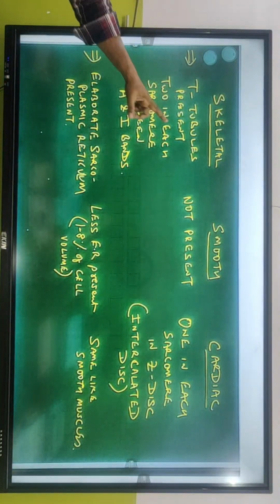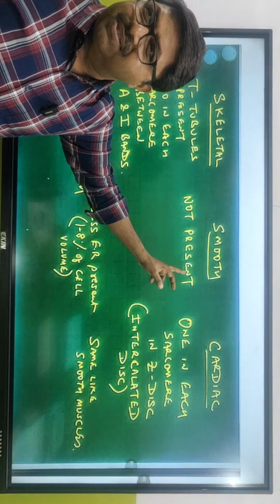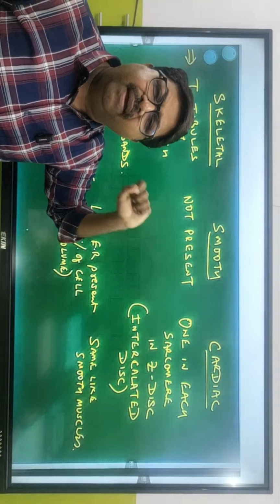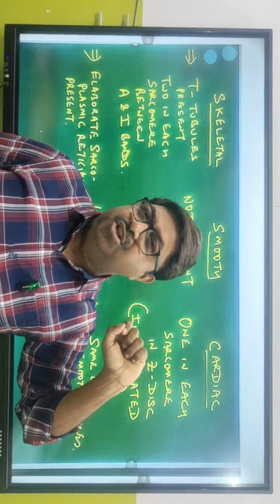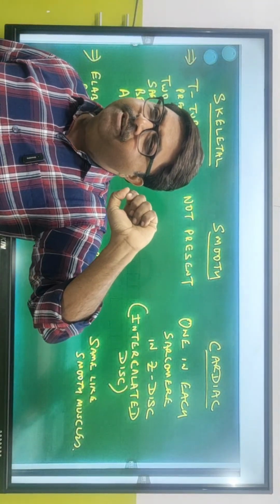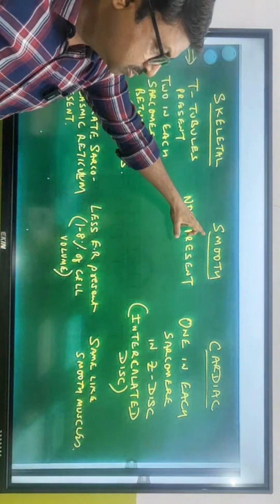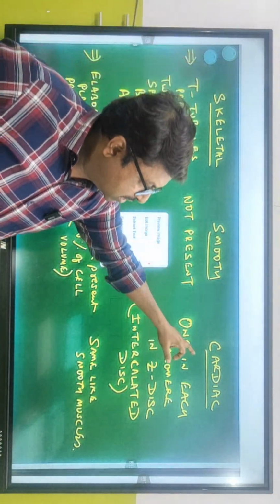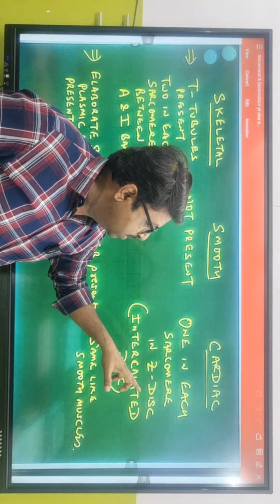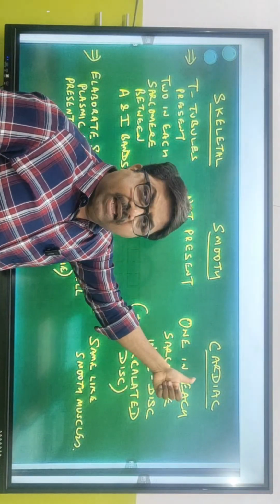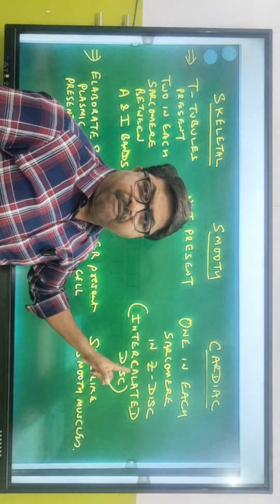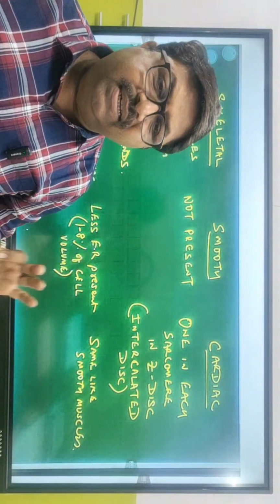TDBs are not present in smooth muscles. What is the work of TDBs? They help in the journey of calcium ion. In smooth muscles they are not present. What about cardiac muscles? One in each sarcomere, in the Z disc. In cardiac muscles there is a special type of disc present, which we call the intercalated disc.